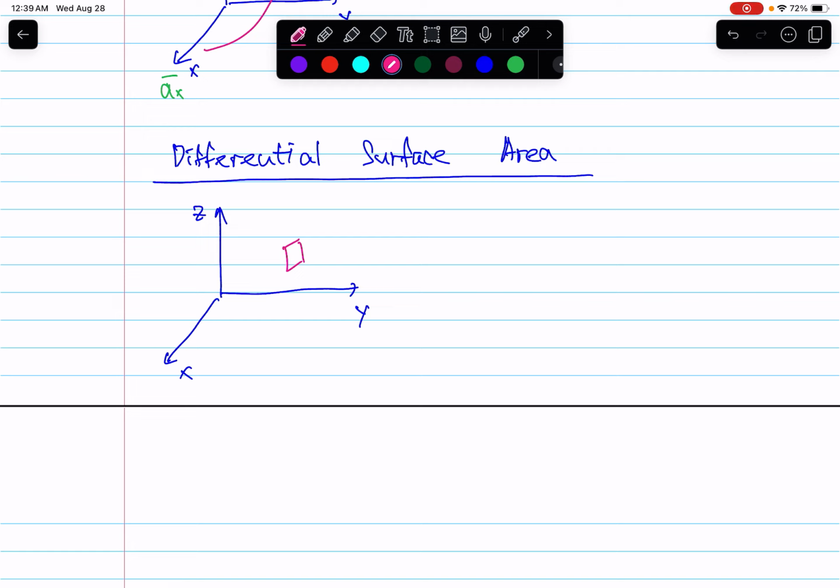And this has, let's call this ds because it's a surface, tiny amount of surface, ds.